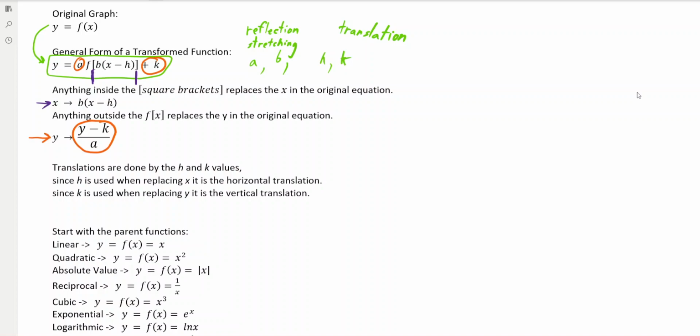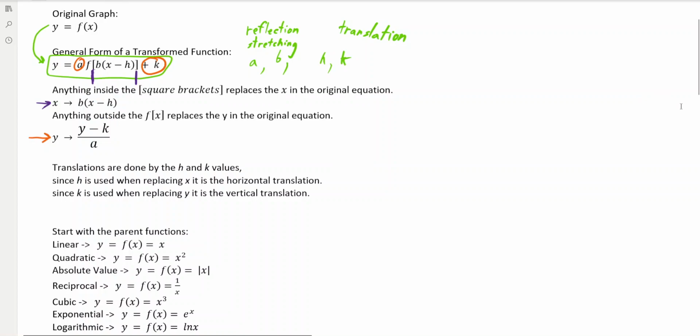It's as if you replaced y by those values. That's helpful because it helps us remember that we have the negative here and the negative here. When you flip it across the equal sign, so it looks like this general form, then you have the positive k. And we'll see why that matters in a little bit.